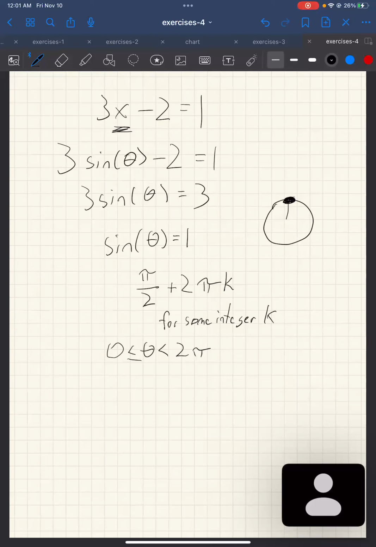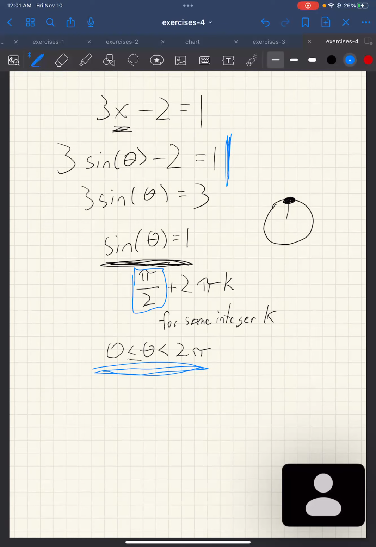So where is this true on the domain from 0 to 2 pi? Well, that's just our normal answer, a regular pi over 2. So if I ask this question to solve for theta here, where theta is between 0 and 2 pi, then our answer would be pi over 2. And it would just be one answer there.